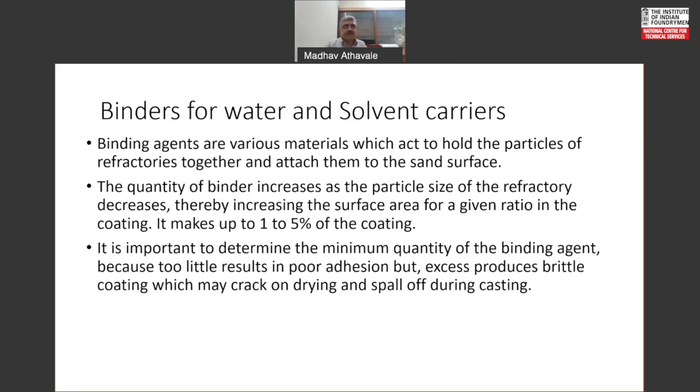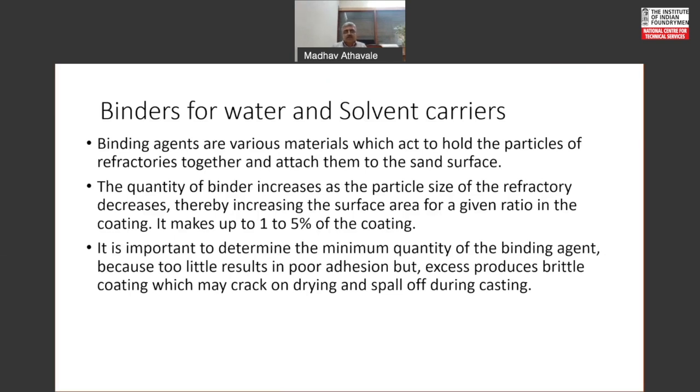As a matter of principle, one should use the minimum amount of binding agent which is required, but there has to be an optimum level. Too less a binder and you will find that the adhesion is poor and the filler will get washed off as the metal enters.